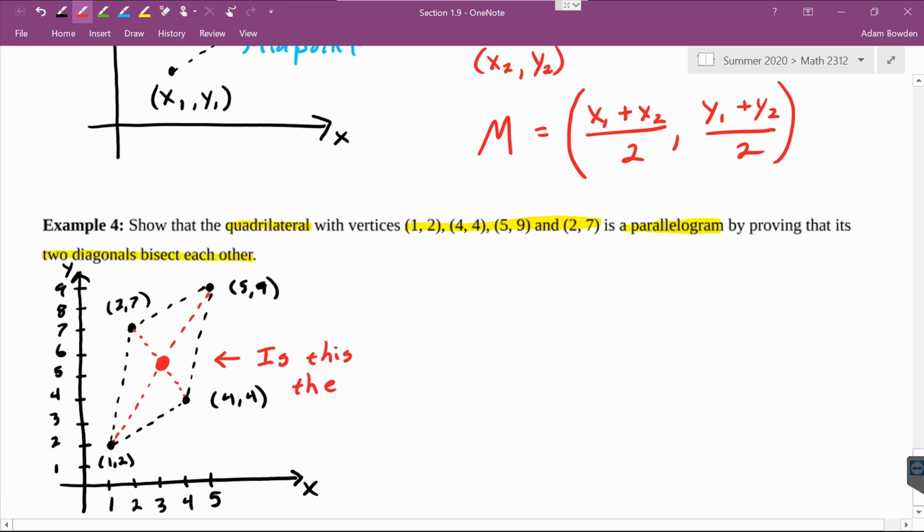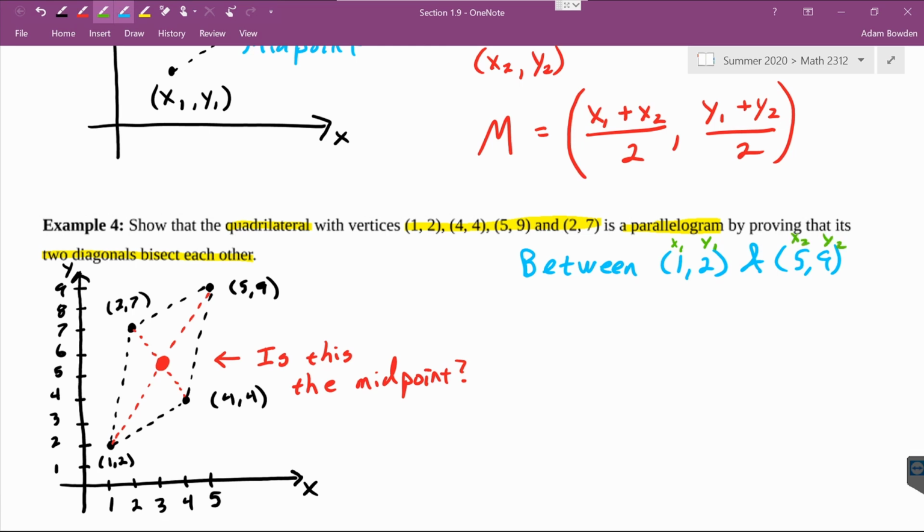So the way we can do that is by using the midpoint formula. So what I'll do here is figure out the midpoint between starting with 1, 2 and 5, 9. So this will look like our x1, y1, x2, y2.